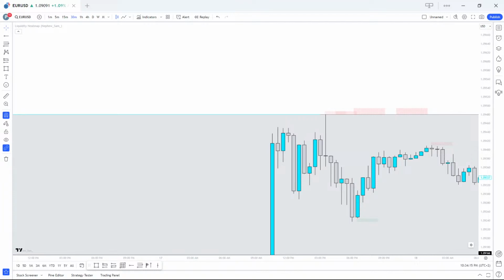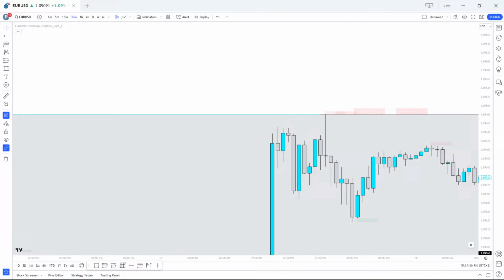Let's copy this title, put it like this, and set the title to best point of interest for a liquidity sweep. Let's copy this text, put it right here, and we can write.